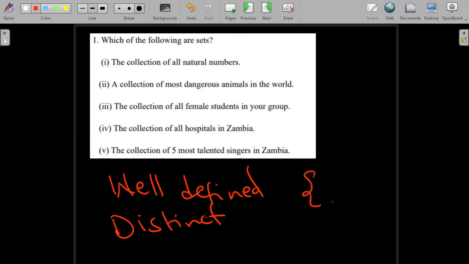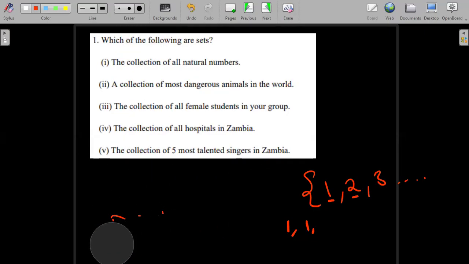So if I have a set listing, let's say, the numbers 1, 2, 3, natural numbers going all the way up to infinity, there must be no repeating elements. If I have 1, I cannot write 1, comma, 1. I must just have the element 1 and 2 just like that. They must be distinct. So these are the two points which we'll write down as we tackle these questions.